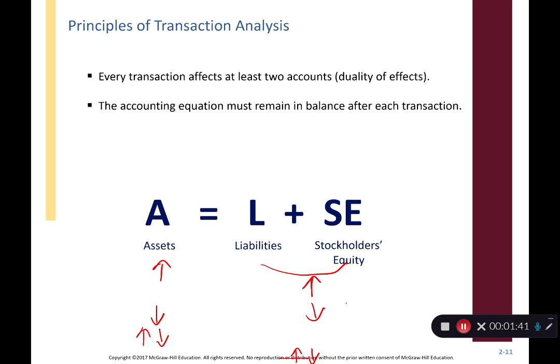Because if we go up and down on the same side, that would net to a zero effect. So you either have to go up on asset, up on liability and equity, down in assets, down in liability and equity, or up and down on either side in order to make it balance. Bottom line is there's got to be at least two accounts involved in order to have this up, down, or up, down effect.